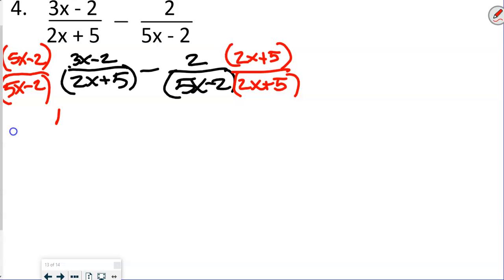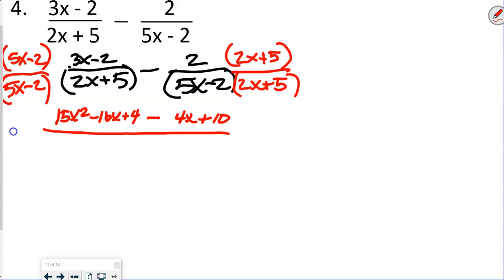So that's going to be 15x squared. 5 times negative 2, that's negative 10 minus 6 would be minus 16x. And then negative 2 times negative 2 is plus 4, right? Then over here, we're going to subtract 2 times 2x, which would be 4x. And 2 times 5 would be plus 10.